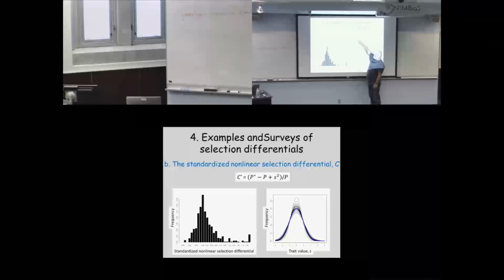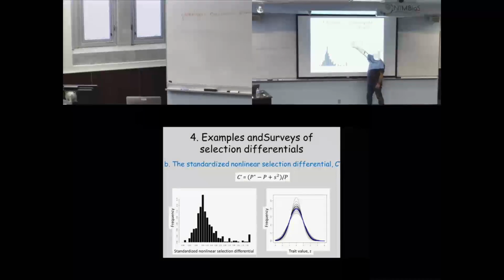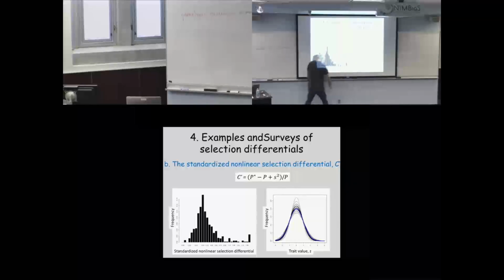If we put back the amount that you expect variance to contract by directional selection, this is telling us how much contraction we got from stabilizing selection. And here we're just standardizing it by P, so it tells you immediately the fraction of variance contracted. And we get a more interesting distribution when we do that.